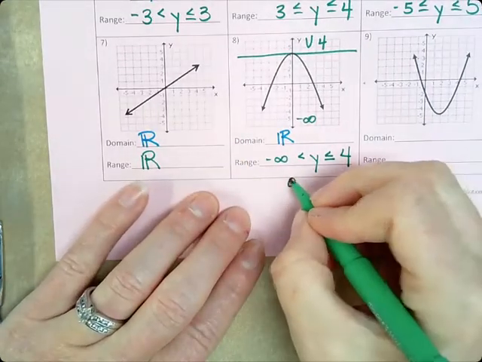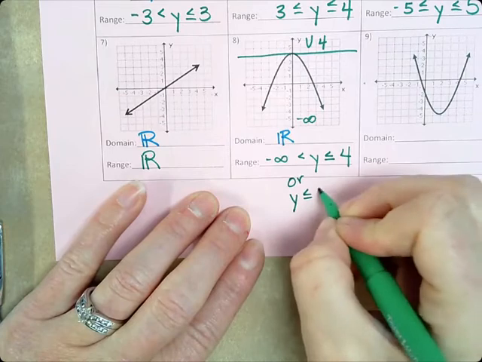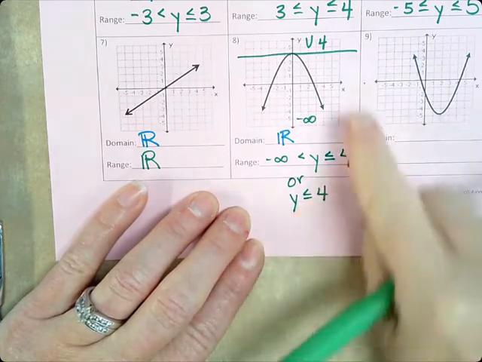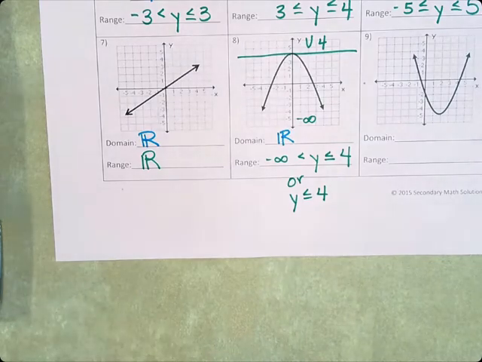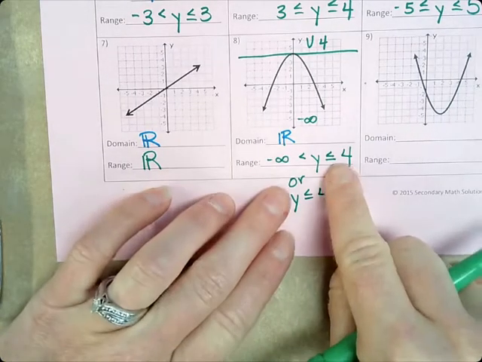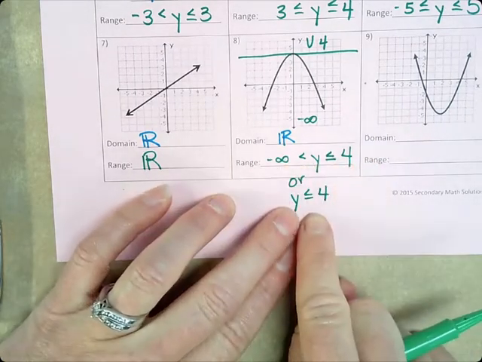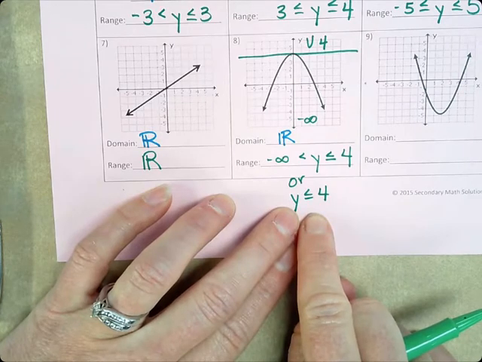The easier way, though, is just to write y is less than or equal to 4. It starts at 4, and then it goes down forever and ever. So it's less than or equal to 4. See how this is the same thing, but I just took off the negative infinity?